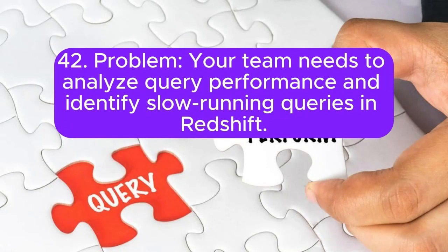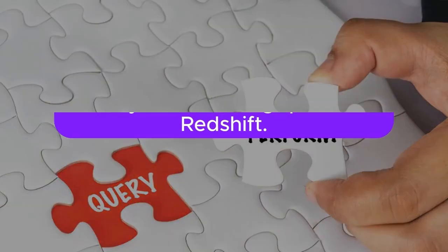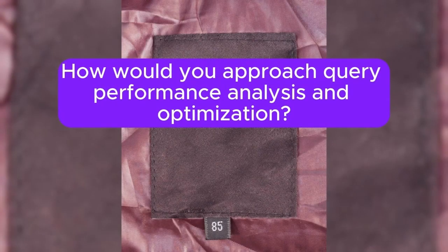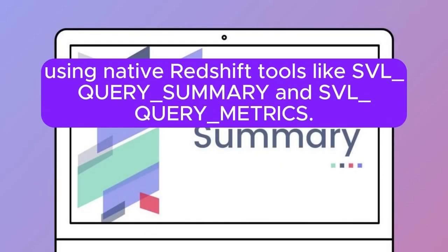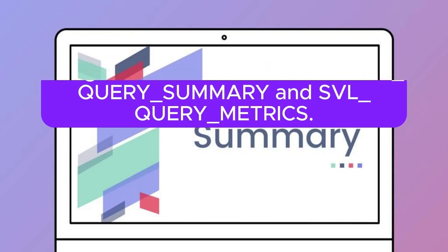42. Problem: your team needs to analyze query performance and identify slow-running queries in Redshift. How would you approach query performance analysis and optimization? Answer: I would start by analyzing query execution plans and performance metrics, using native Redshift tools like SVL_QUERY_SUMMARY and SVL_QUERY_METRICS.